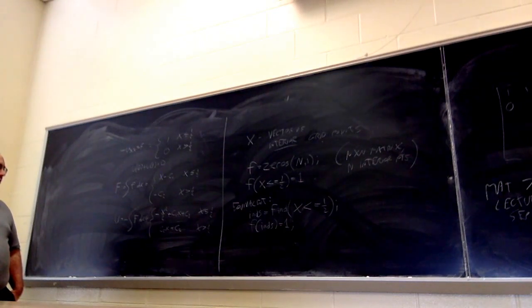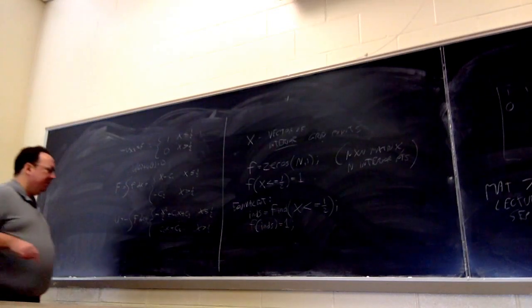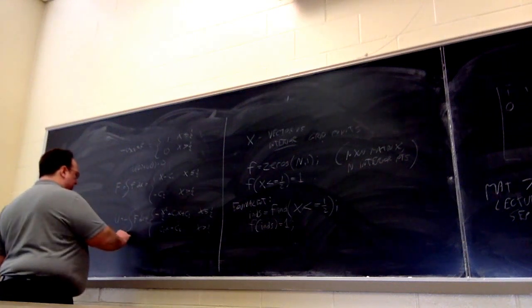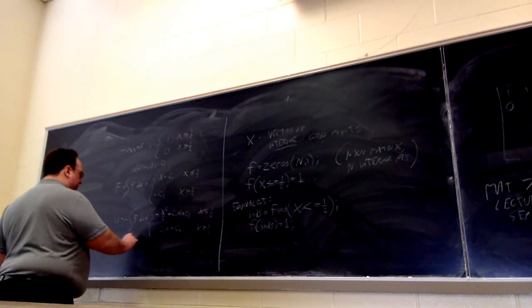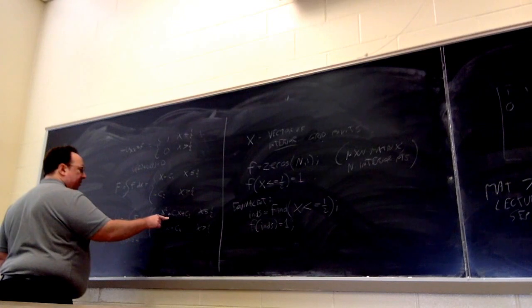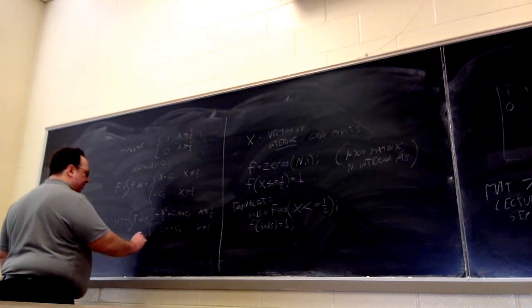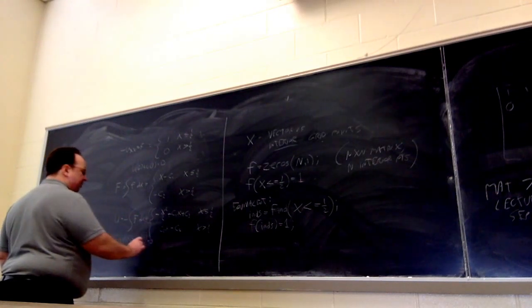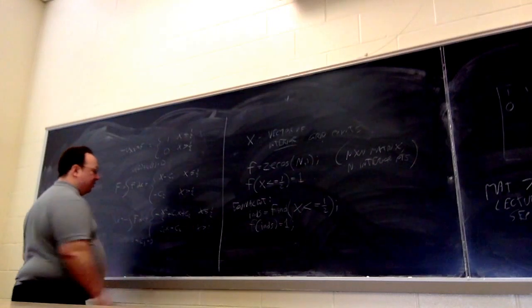But I have 4 arbitrary constants, and I only have 2 conditions to impose on them. So, for example, if I want u of 0 to be equal to 0, I plug in 0 here. That tells me that C3 has to be 0. So that's nice. That term is gone.